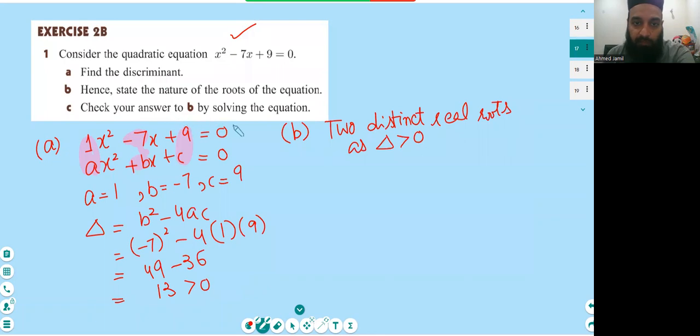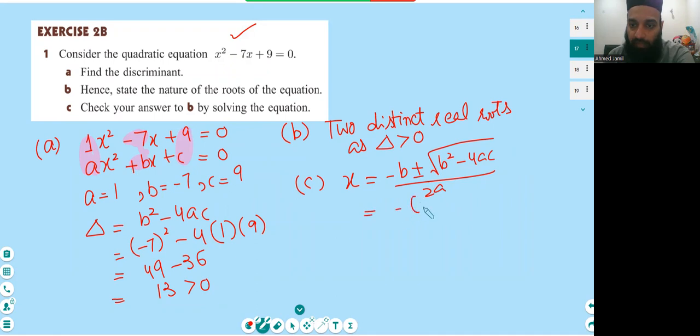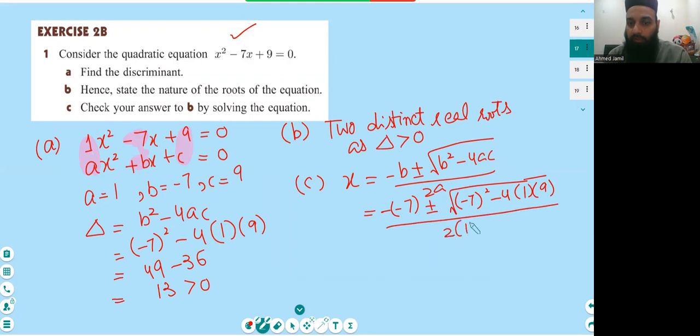Okay, check your answer in part B by solving the equation. We'll be solving this equation using the quadratic formula, that is x is equal to minus b plus minus the square root of b squared minus 4ac over 2a, right? Now inserting the values here, minus b means minus 7, then plus minus the square root of 7 squared minus 4 times 1 into 9, whole over 2a, 2 into 1, right?